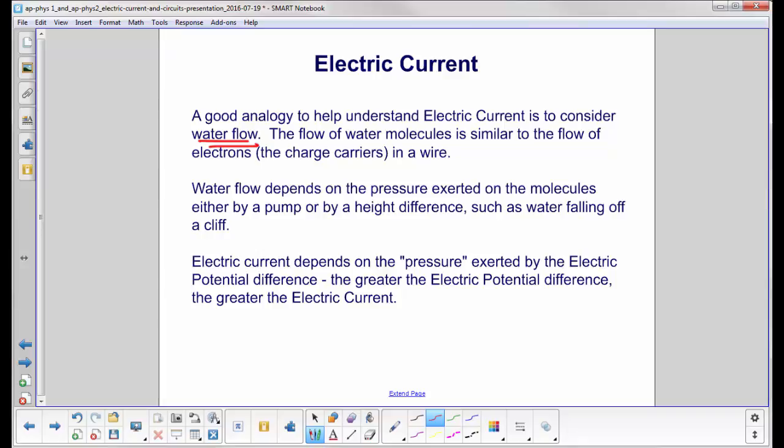Water flow depends on the pressure exerted on the molecules of water, either by a pump or by a height difference. And by height difference, if you see water falling off a cliff, that's current. Electric current depends on pressure, in quotes here because it's an analogy, exerted by the electric potential difference, which is what we covered last unit. The greater the electric potential difference, the greater the electric current.